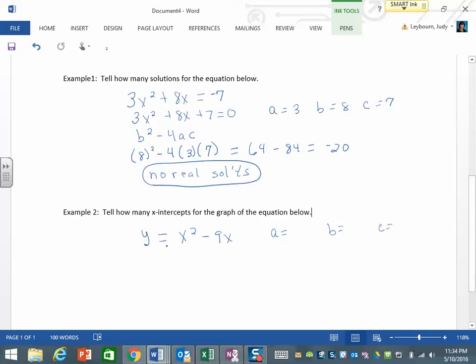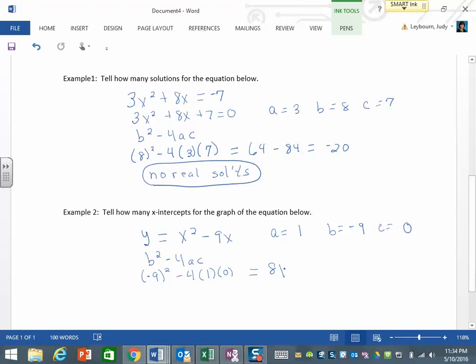Okay, so my discriminant is b squared minus 4ac. When I substitute, because a is 1, b is negative 9, and c is 0, since there is no constant term, I have negative 9 quantity squared minus 4 times 1 times 0, which would give me 81.